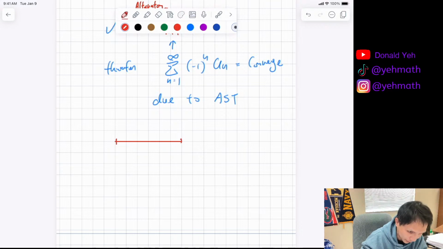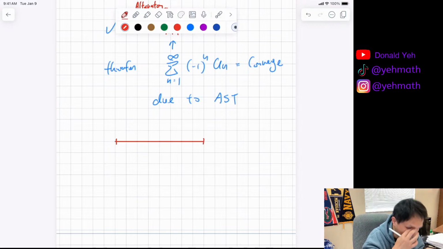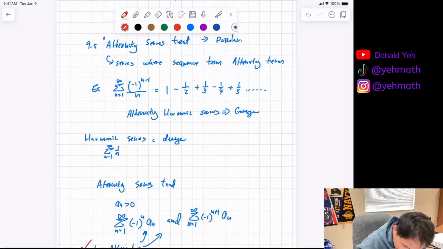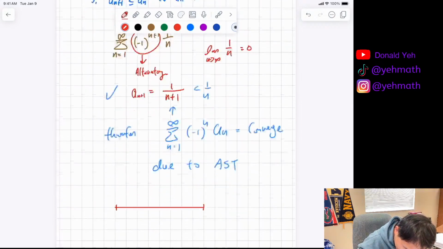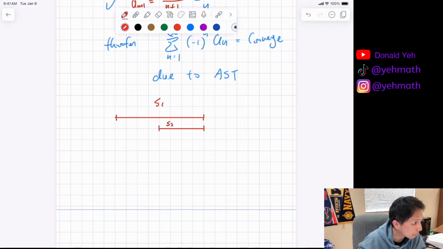We're going to go this 1, and then we're going to go back. So this is the sum of 1. We're going back 1/2. Does that make sense? So this is S2, and that becomes 1/2.